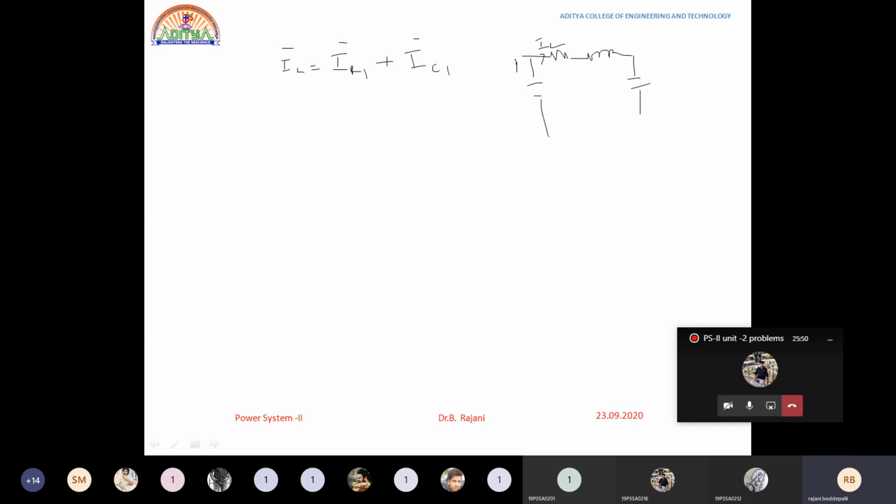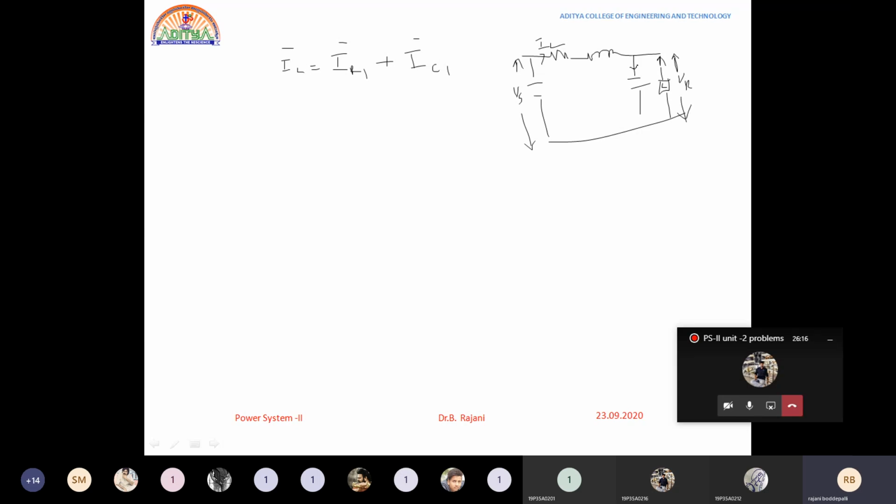Here we have the sending end voltage VS. Now this is the load, and this is VR. You can write freely, we have read these things many times.